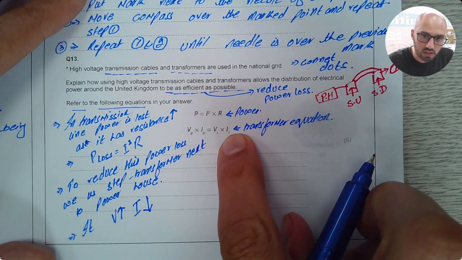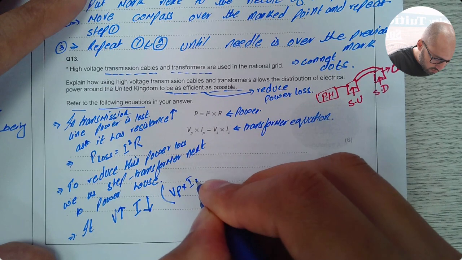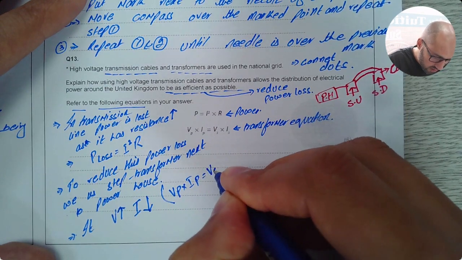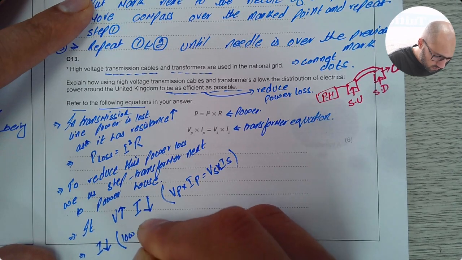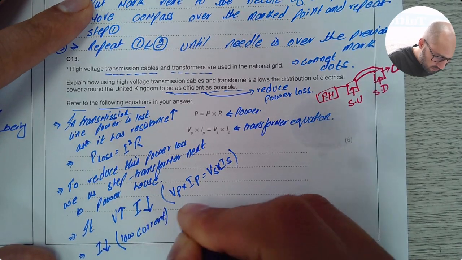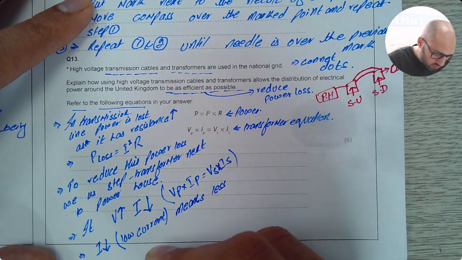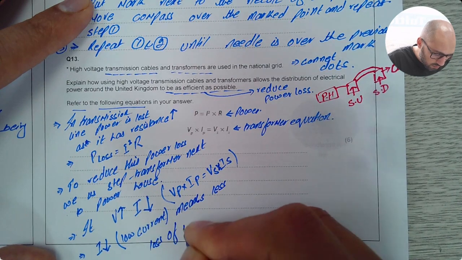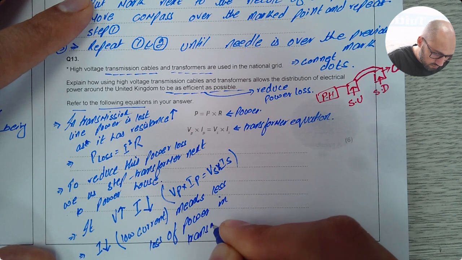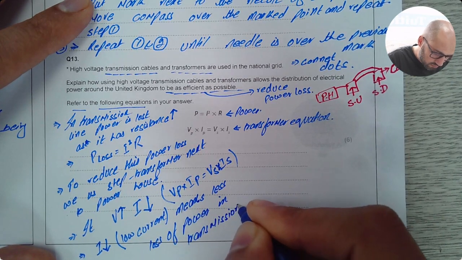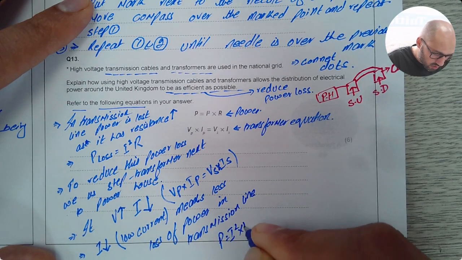This is based on this equation because this is my transformer equation. I can say Vp times Ip will be equal to Vs times Is. Low current means less loss of power in the transmission line. How do I know this? Again, P equals I squared times R.